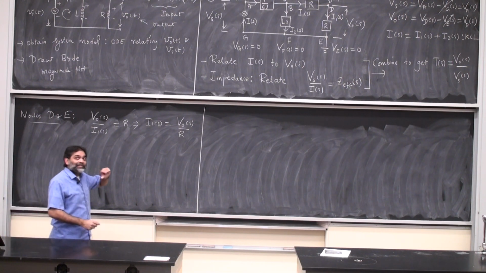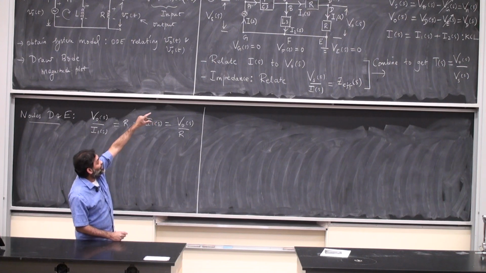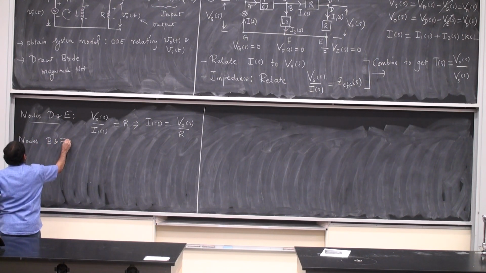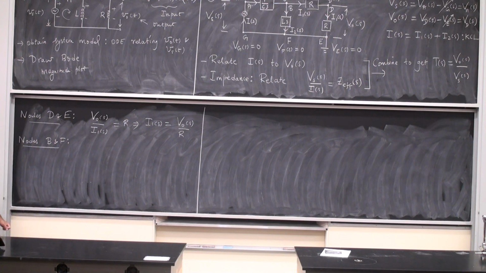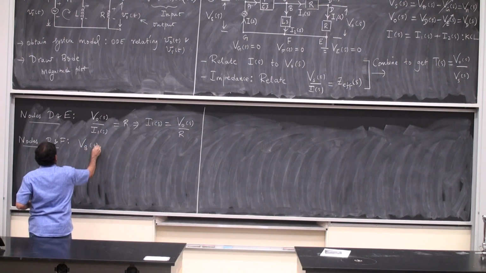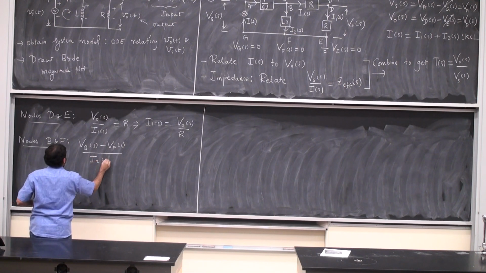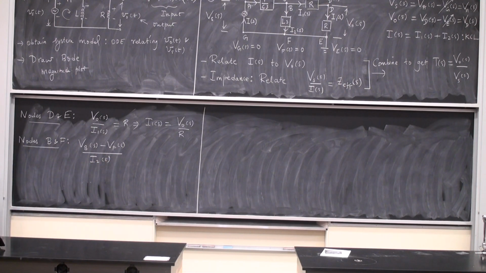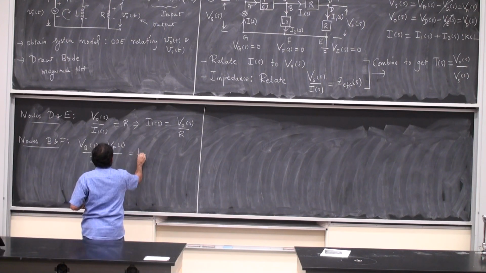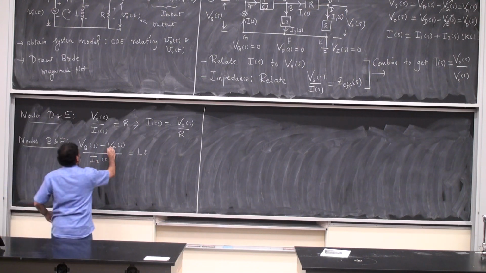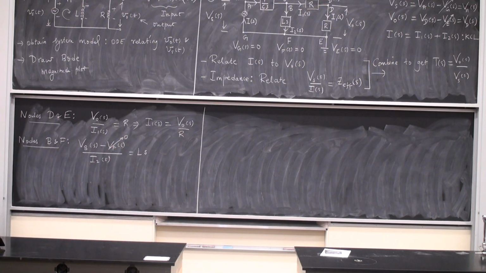Then I also notice that, okay, I2 of S, if I look at the nodes B and F, I can say that the voltage difference VB minus VF divided by the current is equal to the impedance across that branch, and that's going to be LS, right, which means that I can get rid of VF because that's connected to the ground node and no elements exist between the two.